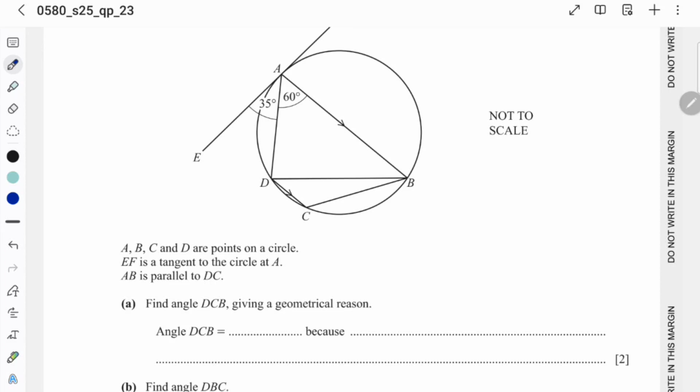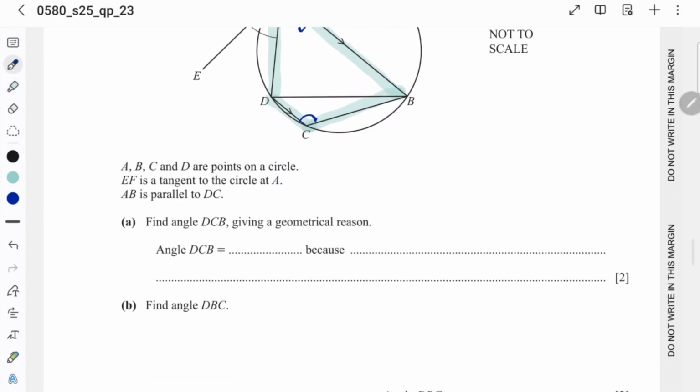Parallel means you should see alternate interior, supplementary or corresponding angles. Find angle DCB, D to C to B. You can see it's a cyclic quadrilateral, where angles in opposite segments are supplementary. 60 and angle C make 180 degrees.